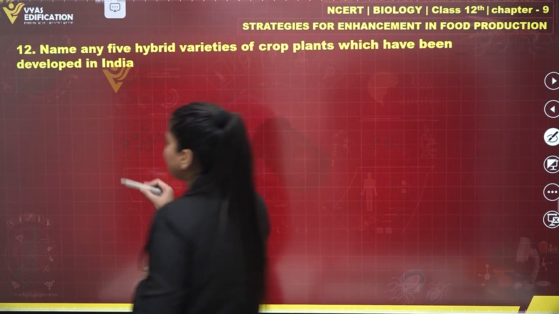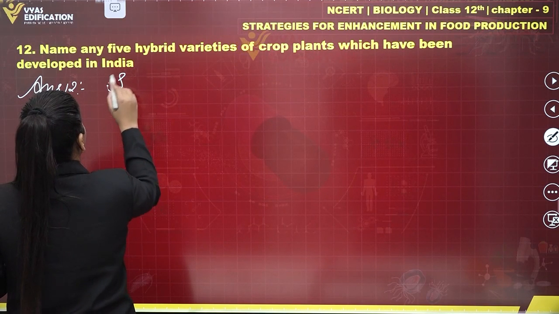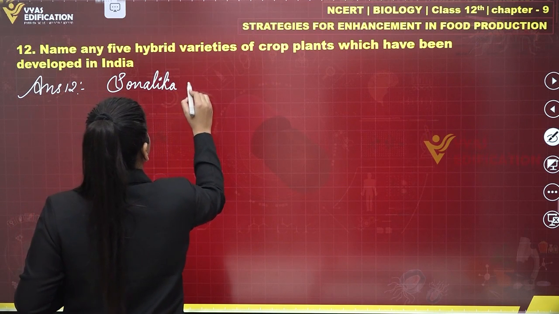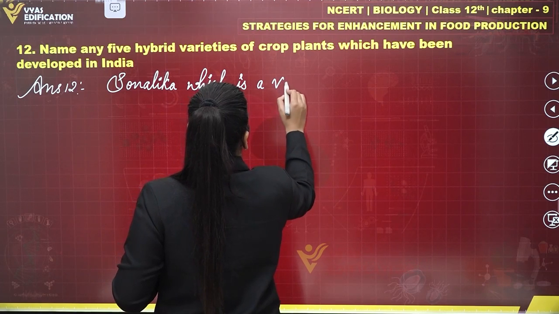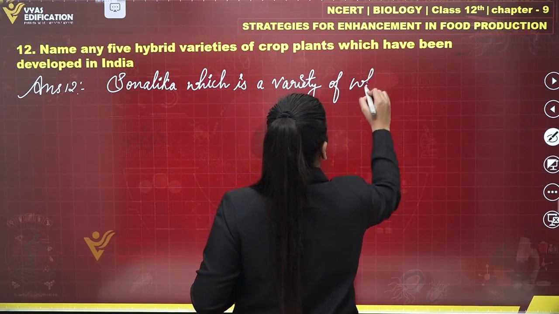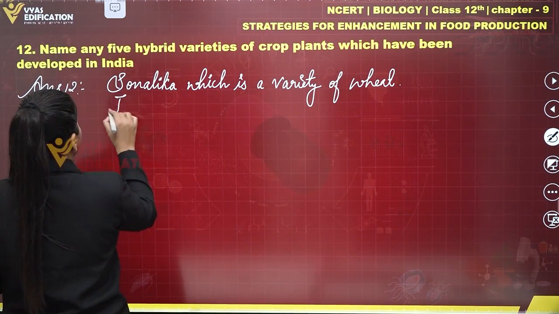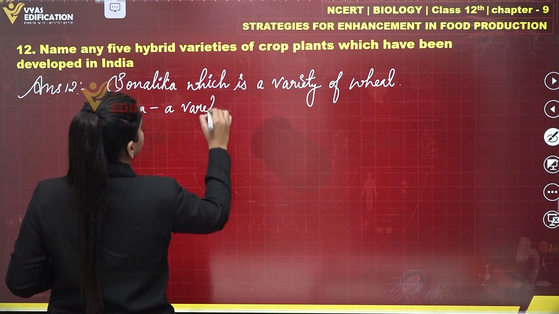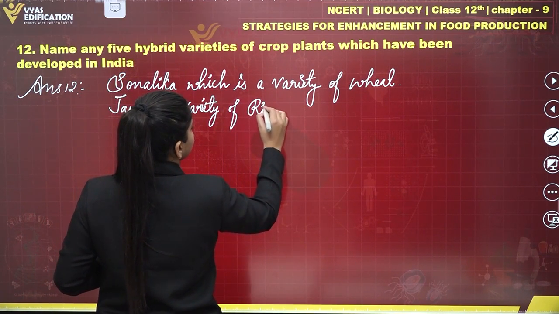Now let's write the answer and then we'll be winding up this session. So the varieties are Sonalika, a variety of wheat. Then we have Jaya, a variety of rice.